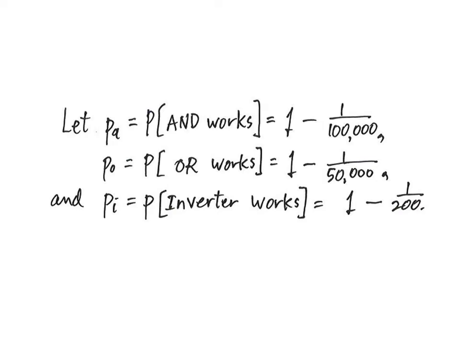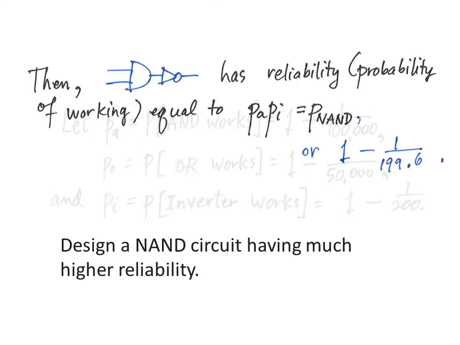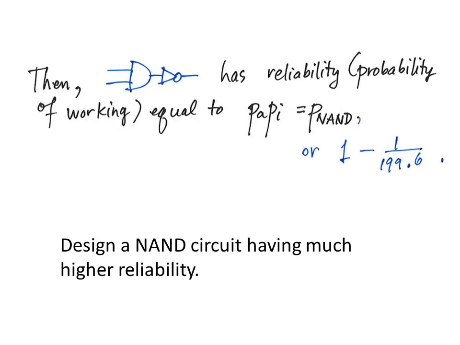Now, using these reliability values, let's see what the reliability of our original circuit is. It is the probability that the AND gate works correctly times the probability that the inverter works correctly. And I've expressed this in the form 1 minus the probability that it fails. And you see that the probability that it fails is not really set by the AND gate.